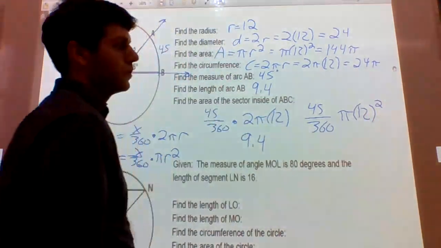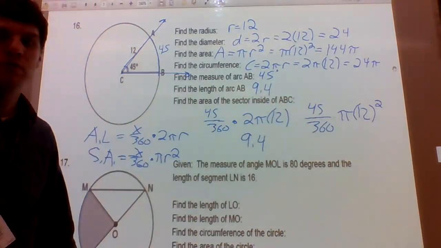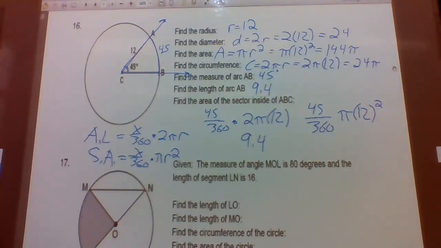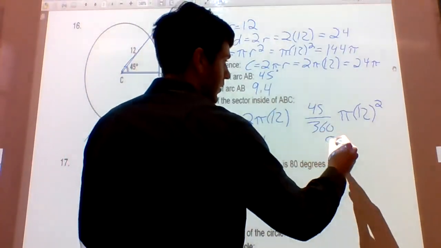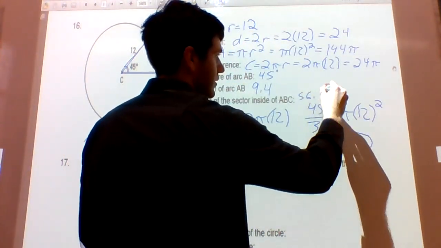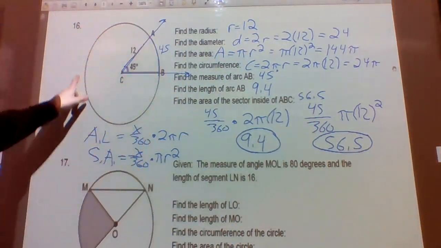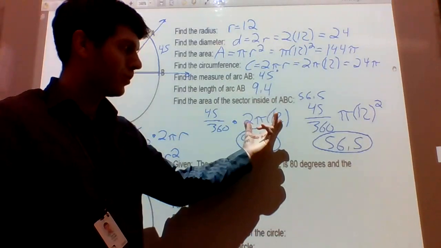But we don't want the area of the whole circle. We only want the area of 45 degrees out of the total 360 degrees. So 12 squared is 144 times pi times 45 divided by 360. That's going to be 56.5. That's our sector area.